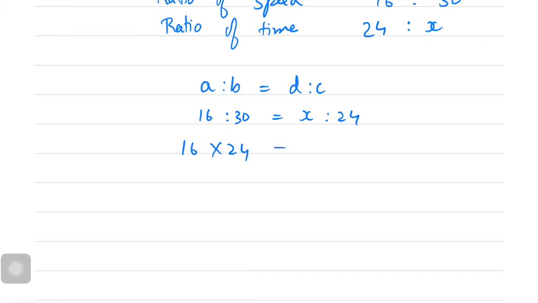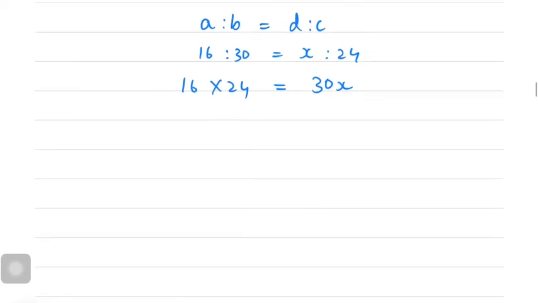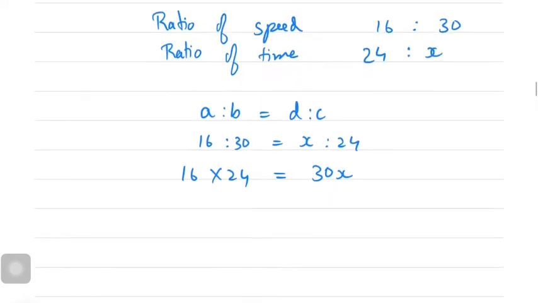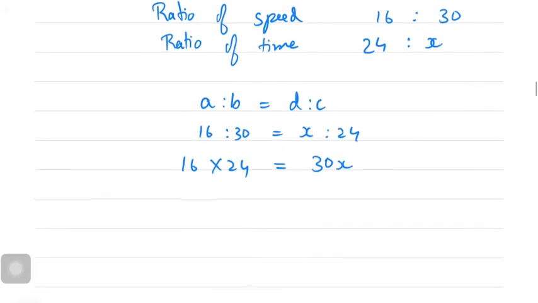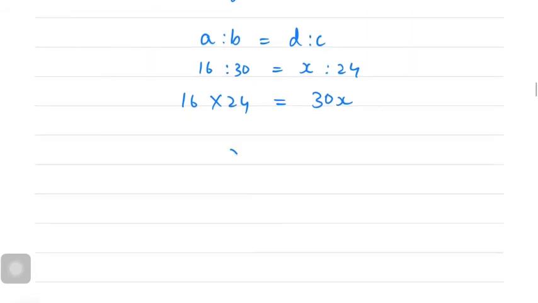So 16 into 24 is equal to 30 into x, so 30x. So x is equal to 16 into 24 divided by 30.